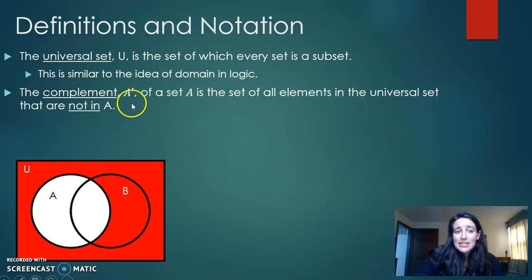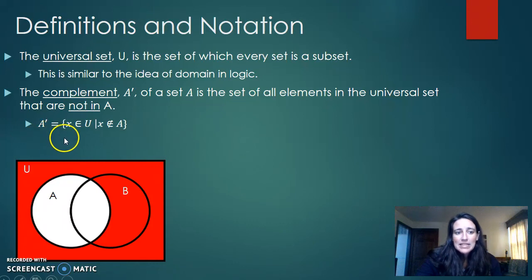The complement, we'll call it A prime, of a set A is the set of all elements in the universal set that are not in A. If we look at our Venn diagram, the set A is represented in white, and we've shaded everything else inside of this rectangle, including the elements of B that are not in A. All of these things in red would be in A complement.